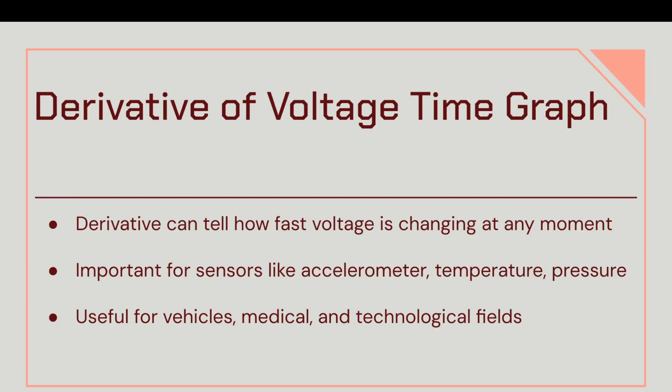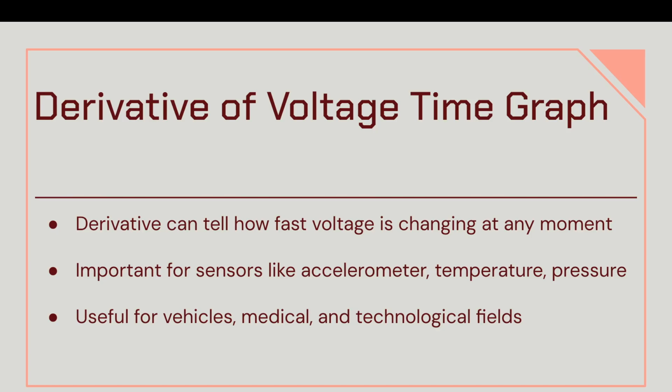Sensors. Sensors measure things like acceleration, temperature, or pressure, and often produce voltage signals. By analyzing the derivative of these signals, engineers can detect subtle changes much more accurately than by just looking at the raw voltage.